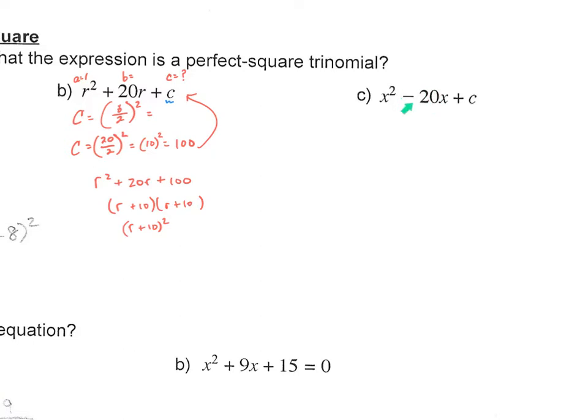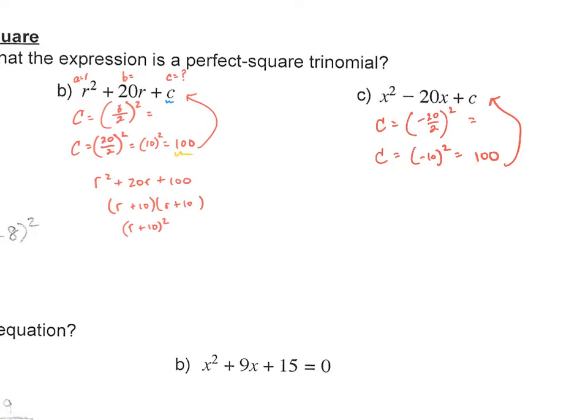Again, we're taking half of this and squaring it. So c is going to be equal to negative 20 divided by 2, squared, which is negative 10 squared, which is 100. So c turned out to be the same value.